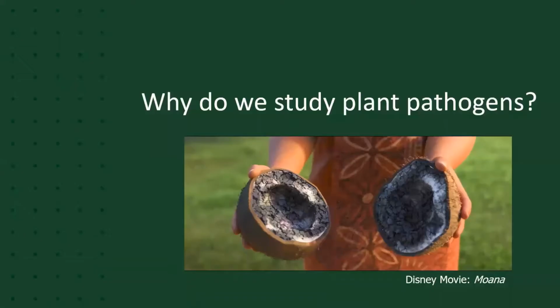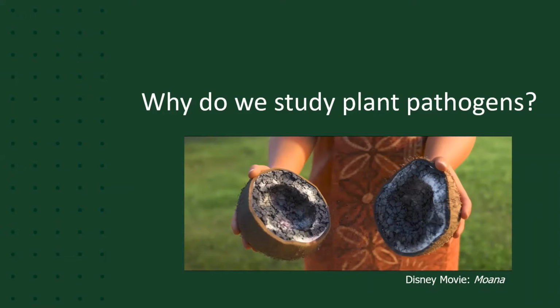So why do we study plant pathogens? Why are we here and why are you listening to this video? I will give you some examples, and this is a good reference, from the Disney movie Moana. If you have kids or grandkids, or even if you are just like me and like Disney movies, you will see that in this movie the main plot is that they live on an island and the coconuts are having a disease, and the livelihood of the entire village depends on the coconut.